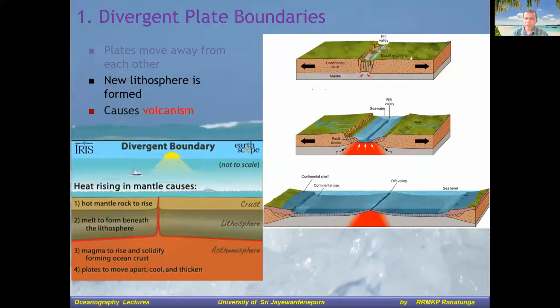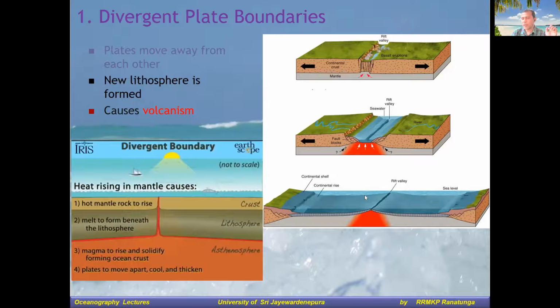The important thing here is, like you see in the rift valley, there is the crack. The magma starts coming in from the core, right? And that magma, when it comes to the surface, will cool down, and new ocean floor will be formed, right?